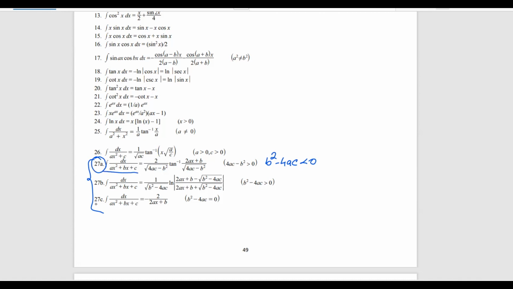So let's write down how much this integral is equal to. We're going to have 2 over the square root of 4ac minus b squared, times arctangent of 2ax plus b over the square root of 4ac minus b squared. Great. Let's write that down.